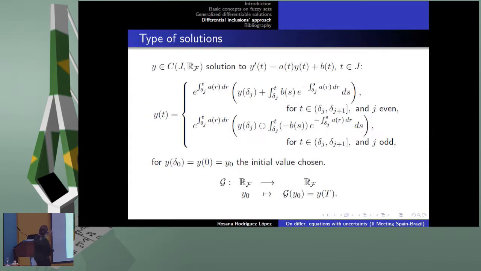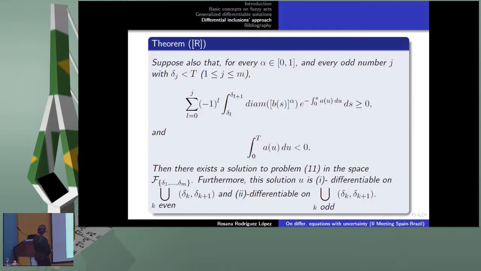However, I have here the explicit expression of the solutions for some linear problems, which are very simple, and it results that just by controlling the diameter of the forcing term, of the level sets of the forcing term, also considering the coefficient A, it is not difficult to prove the existence of a periodic solution.